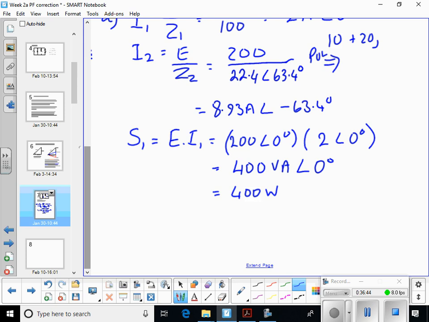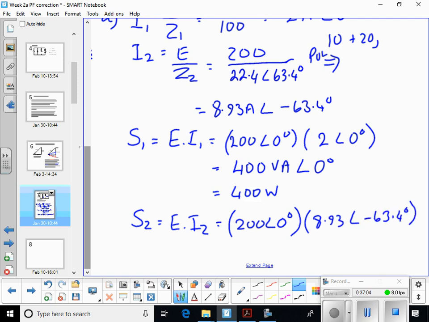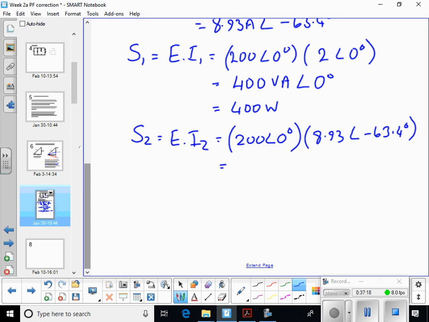And then S2. E times I2. 200 angle 0 times 8.93 angle minus 63.4. That gives 1,786 VA angle, converting to rectangular.